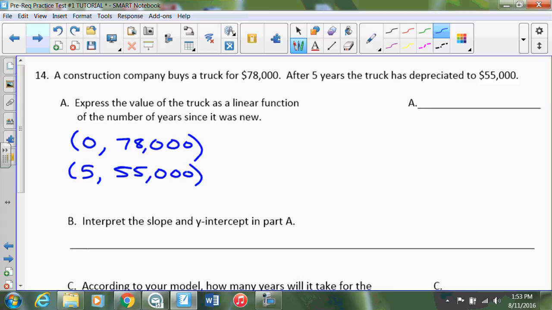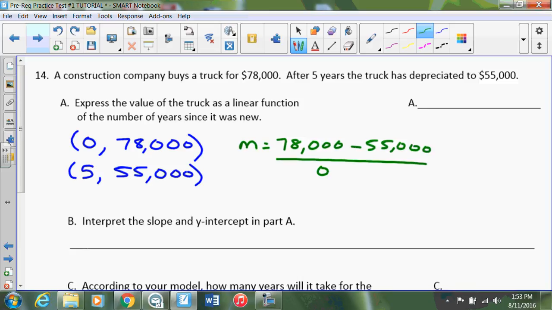It asks us to express the value of the truck as a linear function. So we're going to use our 2 points and find the slope, which gives me a negative 4,600. Of course, the truck is depreciating $4,600 every year.